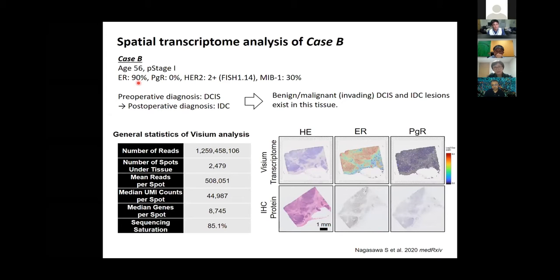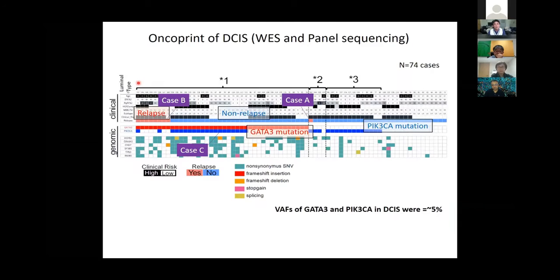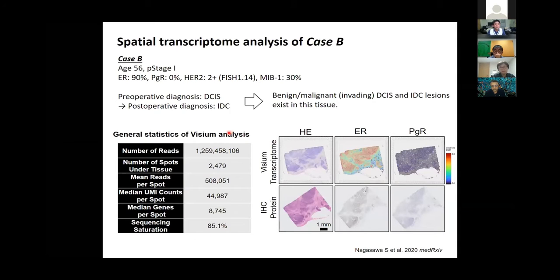And we firstly selected case B, and the initial question was why this patient developed relapse, experienced relapse, even though she doesn't have any GATA3 genomic mutation. So this is the patient background: 56 years old, and the ER positive rate was 90%, which was confirmed by immunohistochemistry at the protein level.